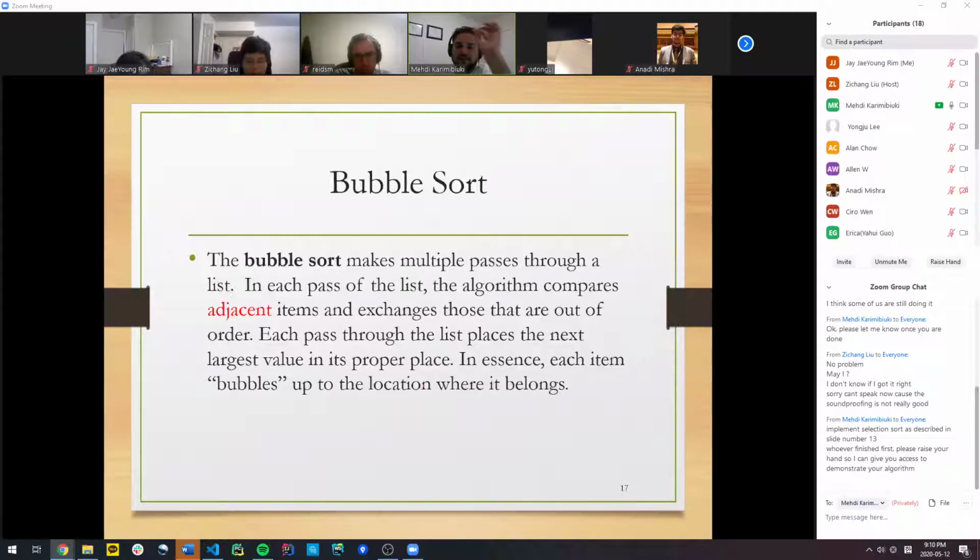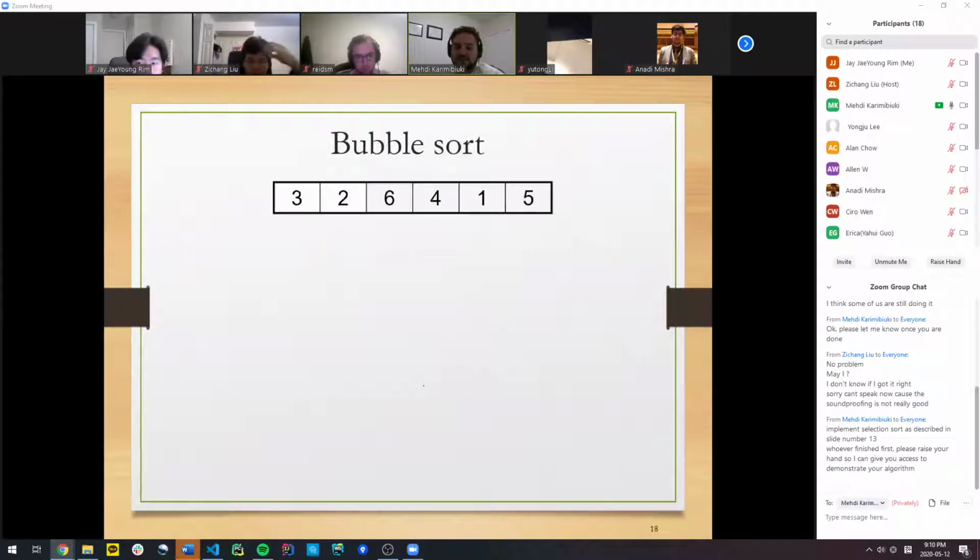And then in each pass, you're going to put the next largest value in the proper place. So basically, we are bubbling up as we walk through the list.